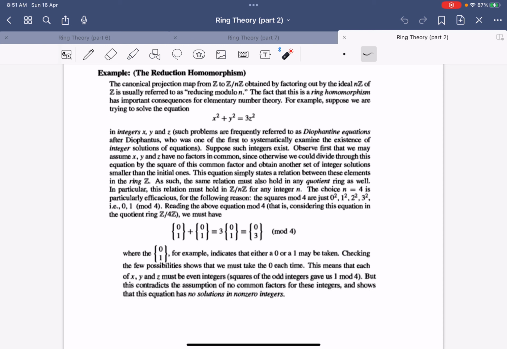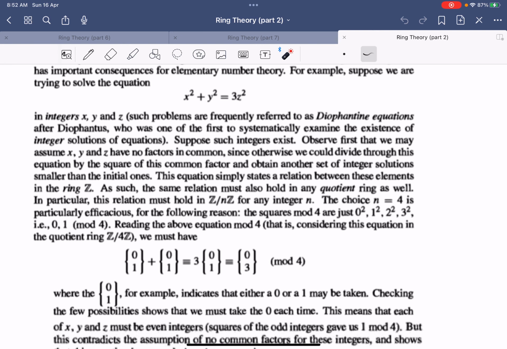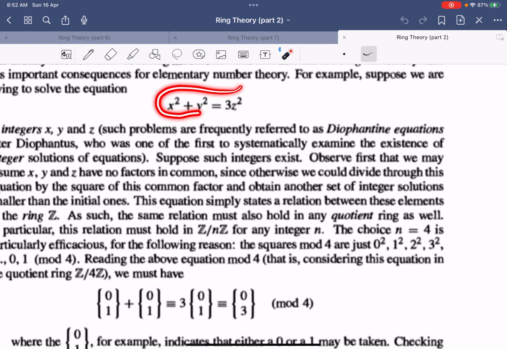One thing we want to observe is that the equation is a relation between elements in Z. But because you have a ring homomorphism between Z and the remainders, this relation must also hold on the remainder side. So you just imagine you take this whole equation and reduce it mod n.